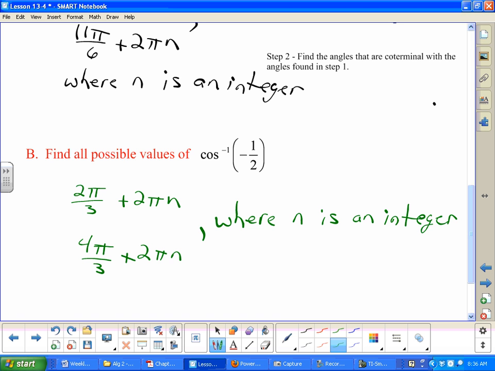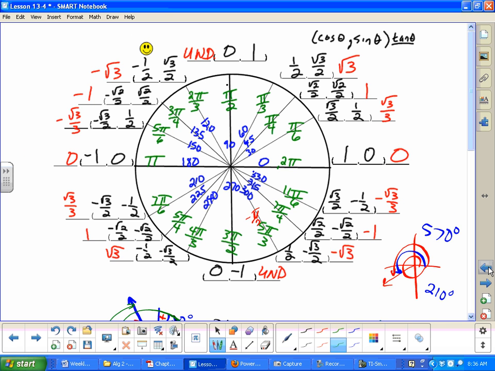So when we're doing these problems, utilize the fact that we wrote down the signs for cosine, sine, and tangent: plus, plus, plus in the first quadrant, and negative, positive, and then tangent is negative in the second.